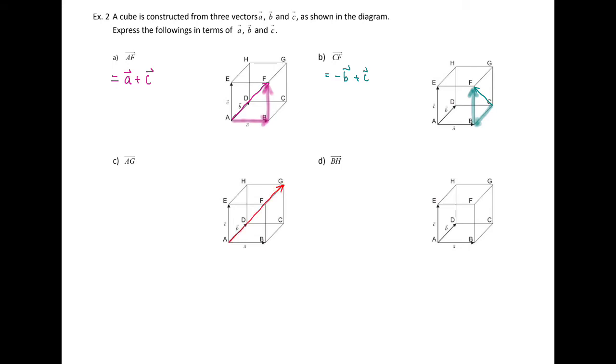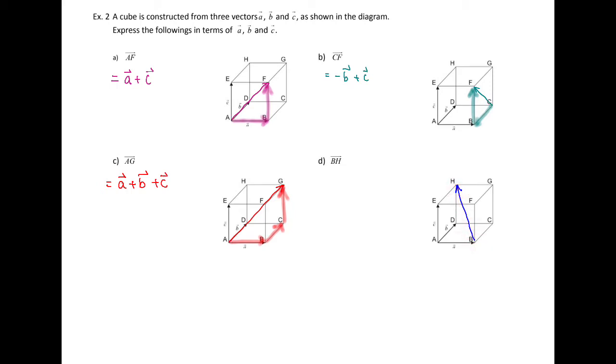Part C, we want to find vector AG. So once again, we cannot use this line. So we're going to choose a different routing. We're going to do vector AB plus vector BC plus vector CG, which is equivalent to vector a plus vector b plus vector c. Part D, we want to find vector BH.